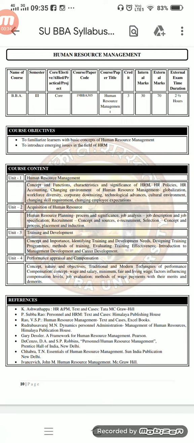The first unit is the introduction to human resource management, the second is acquisition of human resources, the third is training and development, and the fourth is performance appraisal and compensation. So these are the four modules or units we have to learn in this subject.